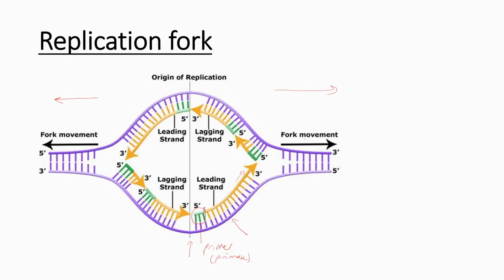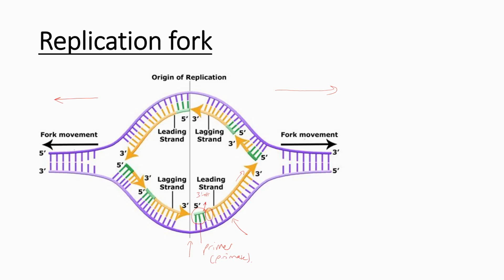Now at the 3' end of this primer, we have a free 3' OH group. And so when free nucleotides, such as this, complementary base pair to the template, the DNA polymerase will form a nucleotide bond between the 3' OH of the primer and this free nucleotide, as it has already done in this picture.